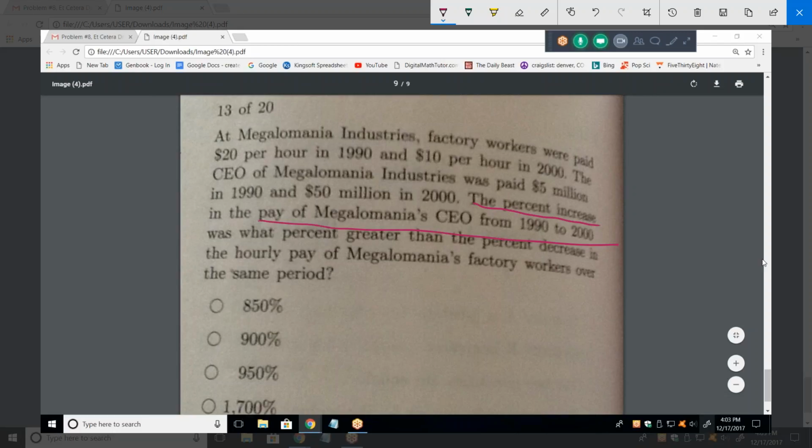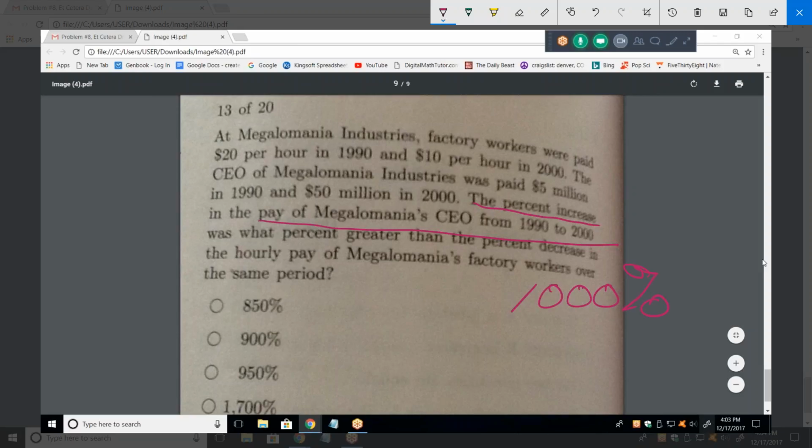He went from 5 million to 50 million. What's his percent increase? That would be 10 times, which is 1,000%. Remember, 1,000% means 10 times.